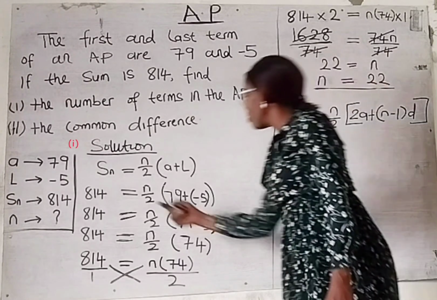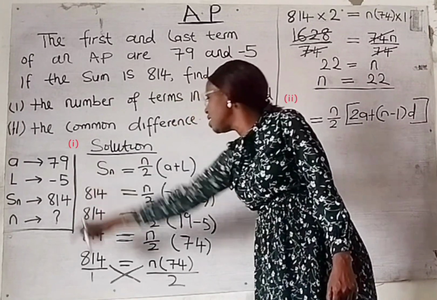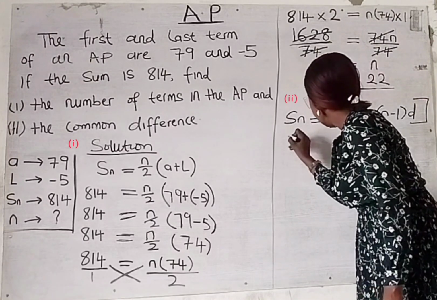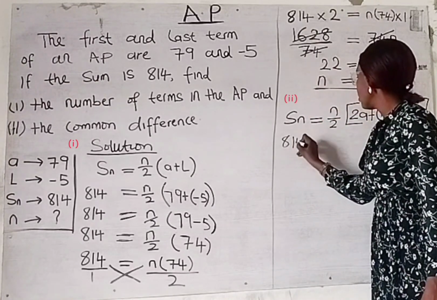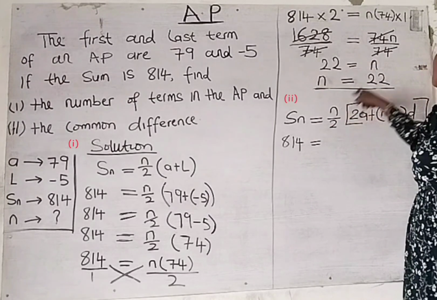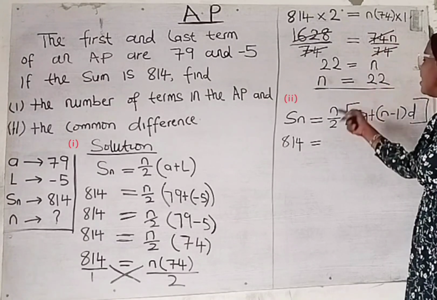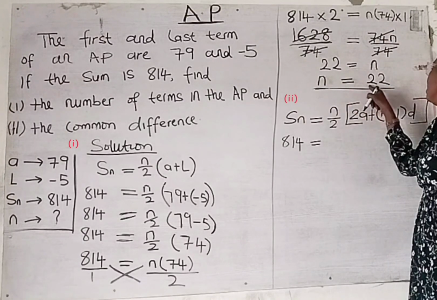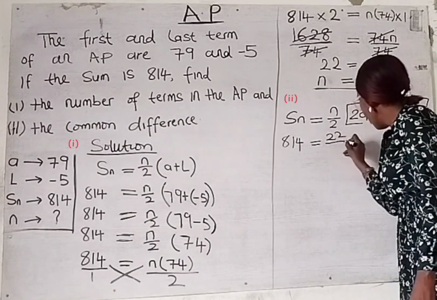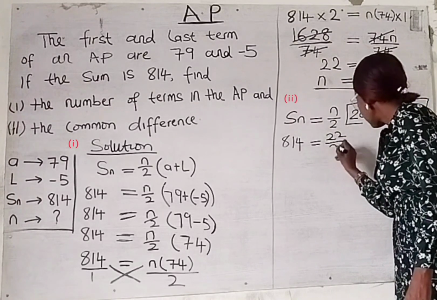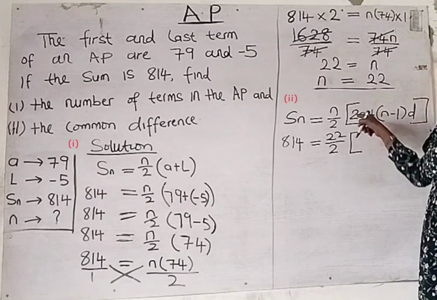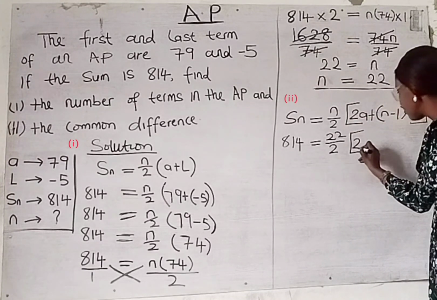We still use the sum. Our sum is 814, so we substitute 814 here. 814 is equals to our n. You have known our n now to be 22. So no need of writing n again. We'll write 22 over 2. Open the brackets. This 2 is in the formula, write it. Times.